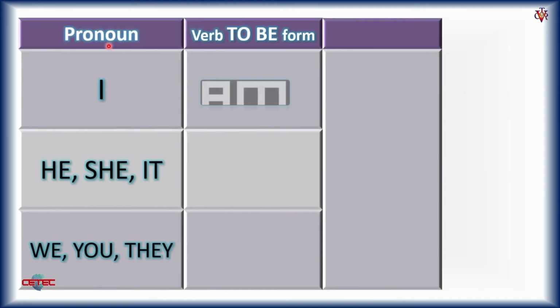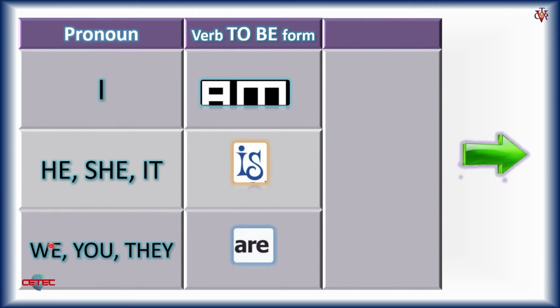Pronoun. This pronoun that we have already been checking, I, he, she, it, we, you, and they have to use with a verb to be, am, is, and are. But now we have to include the word not. That means negative. In the structure, they have to be in a negative form.